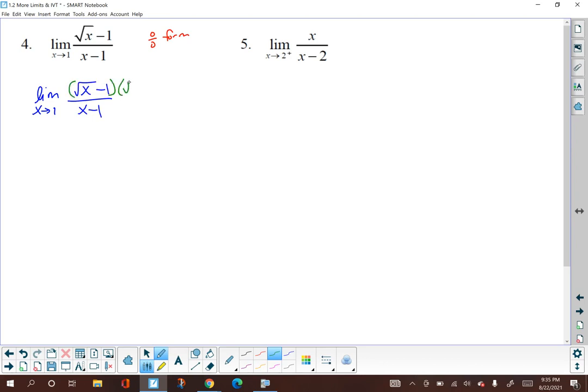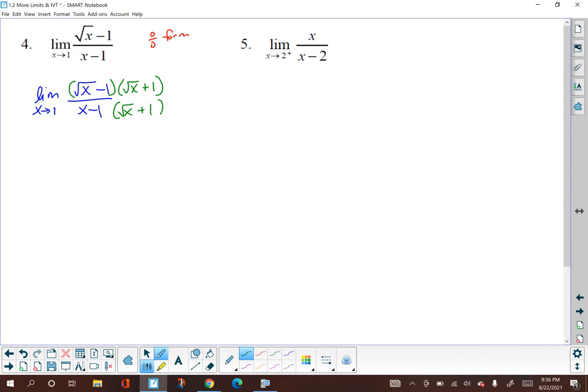So the conjugate is the same expression, but with a plus instead of a minus in between. We do conjugates with imaginary numbers sometimes, you might remember, and we sometimes do conjugates with roots like this.